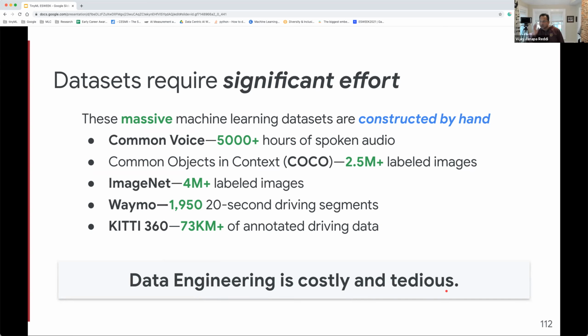A lot of these data sets are gorgeous in terms of being able to do research, right? But production use cases are inherently different from academic or public data sets used for research. Why? Let's say hypothetically we're doing person detection because I want to deploy TinyML in a security camera application.